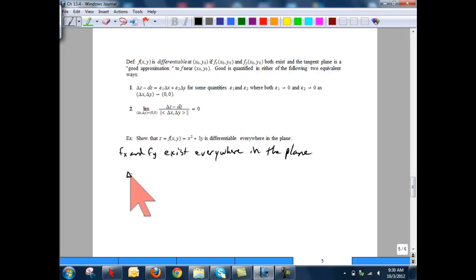So what is delta z in this problem? By definition, it's f(x plus delta x, y plus delta y) minus f(x, y).